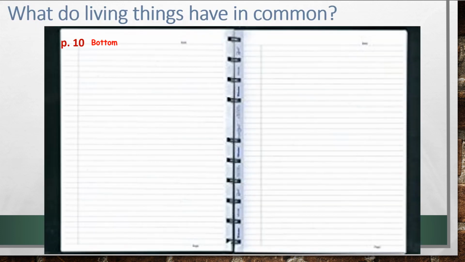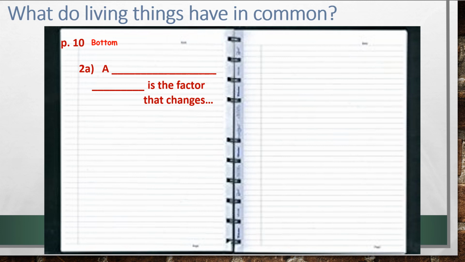So when we look at those kinds of things, on page 10, filling in our questions, understanding science, we're going to get a lot more into the scientific method when we get beyond our ecology study. So the something is the factor that changes. So we go to those three parts, right? We have the independent, the dependent, and the manipulated variable. The thing that changes is the manipulated variable.